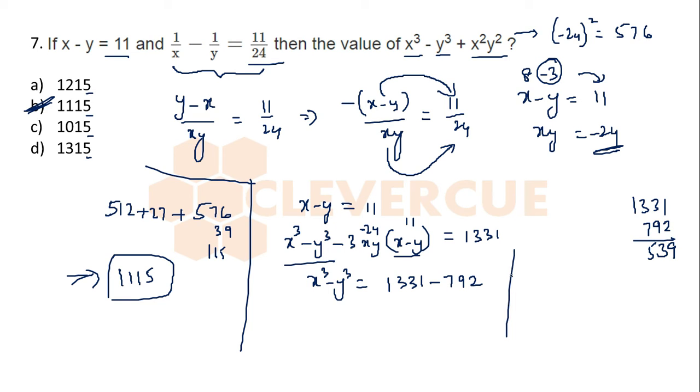Now the answer will be 539 plus 576. See, if you add this, you have 9 plus 6 is 15, and here 1 plus 3 plus 7 is 11, and here 1 plus 5 plus 5 is 11. So the answer is 1115. So if you cannot guess the values for x and y, then you can use this method to solve that.